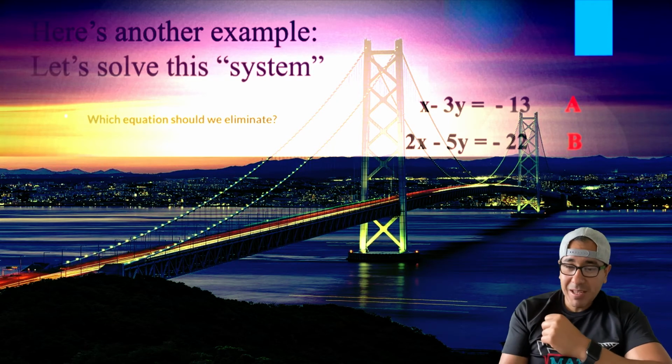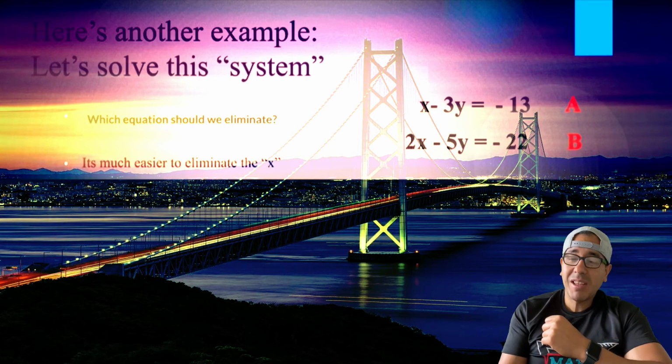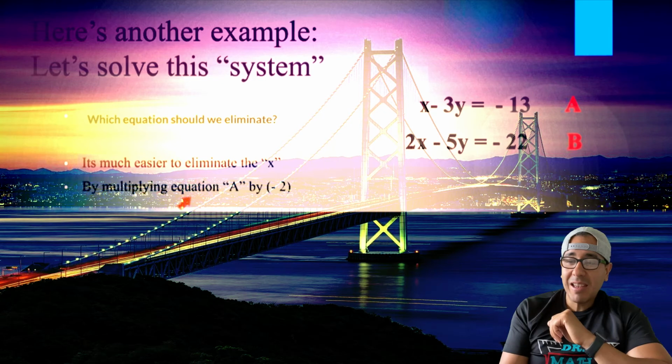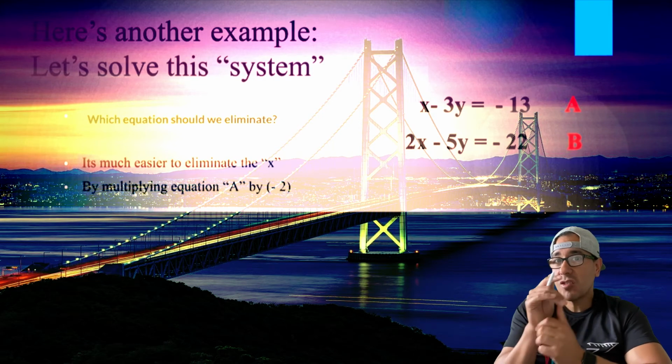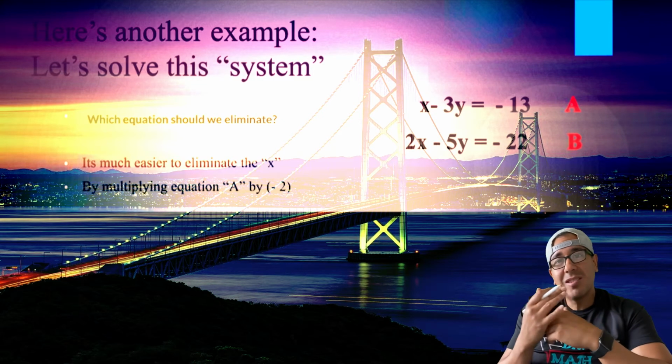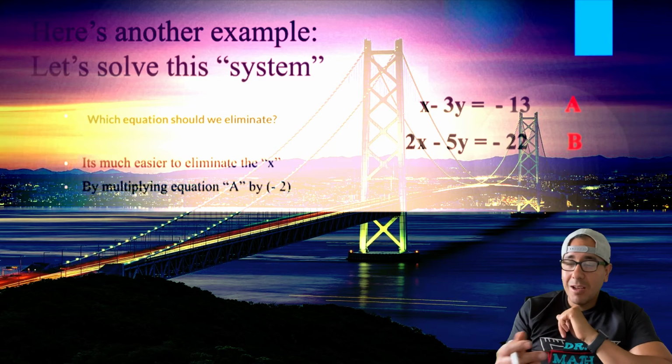In my opinion, it's much easier to eliminate the x's. Why? Well, I noticed that I could multiply equation A here by a negative 2. And once I do that, I'm gonna get the x's to cancel each other out. So let's actually do that so you can see what I'm talking about. This is just gonna come with practice over time.